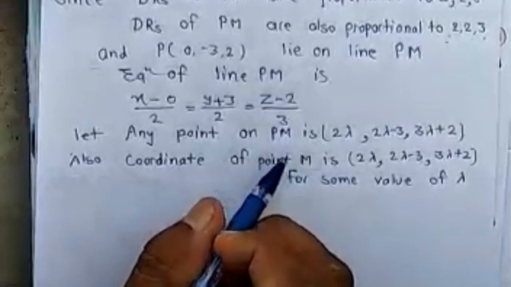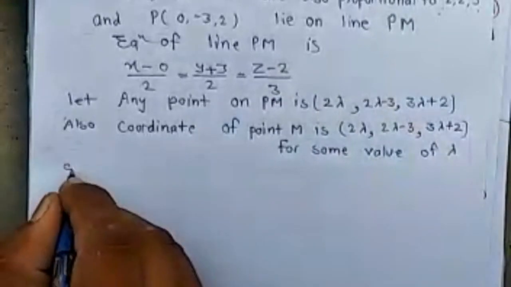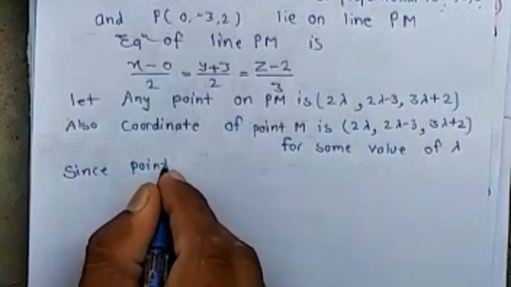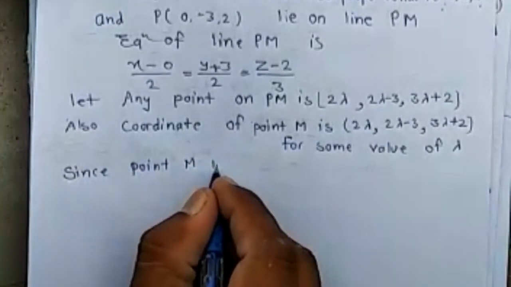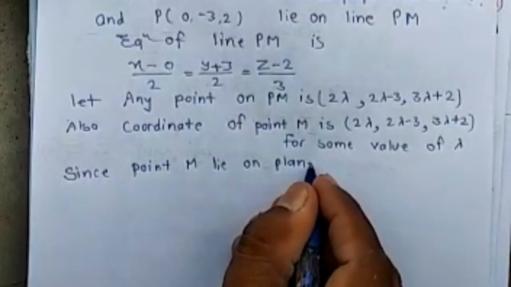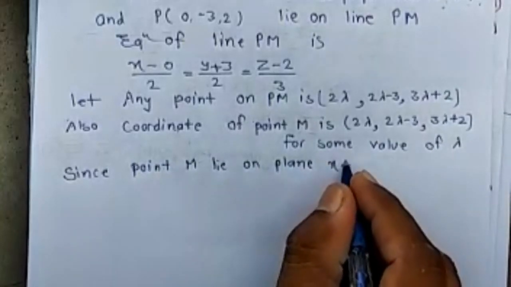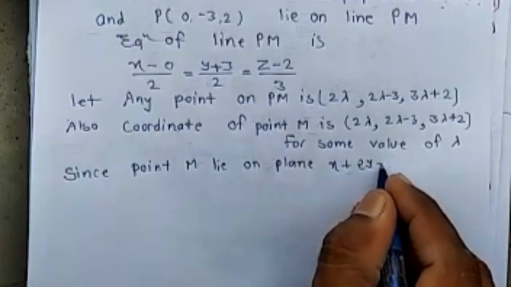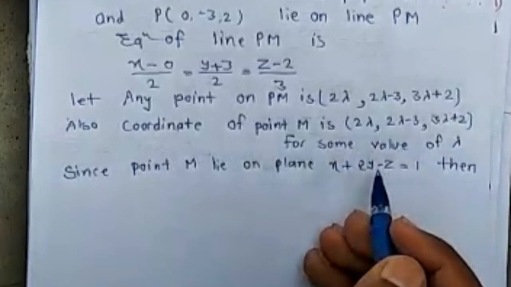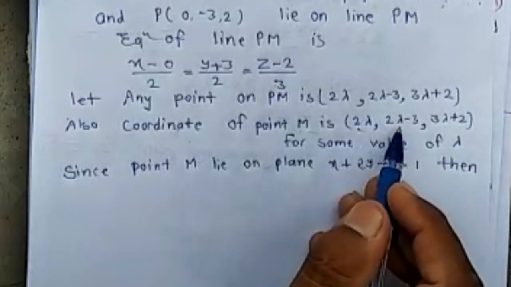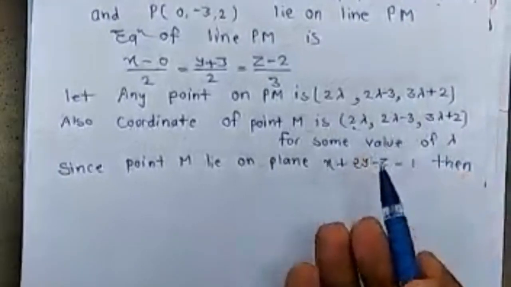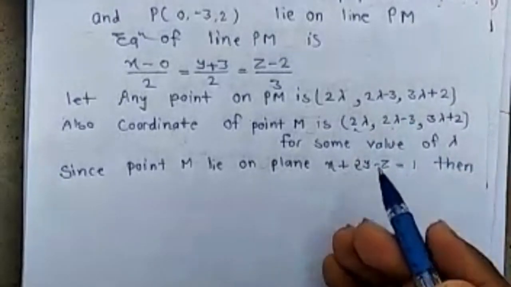Since point M lies on the given plane x + 2y - z = 1, then we can put x = 2 lambda, y = 2 lambda - 3, z = 3 lambda + 2, or we can say this point must satisfy the plane.